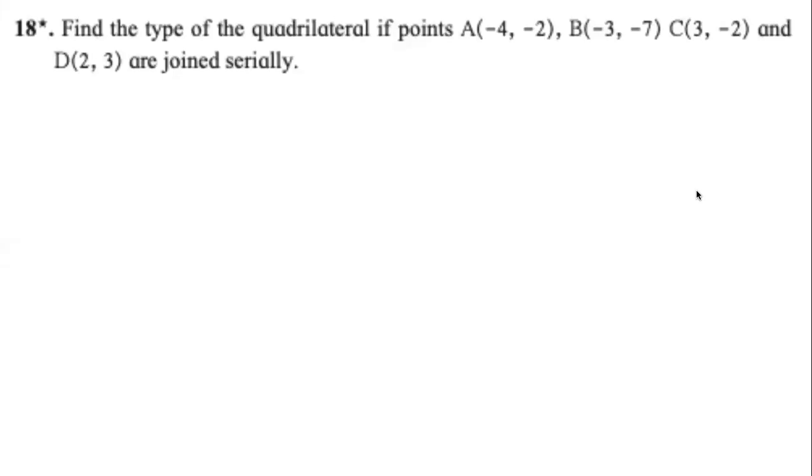They are joined serially. This is very important. That means the quadrilateral that we want to check is A joined with B, B joined with C, C joined with D. This is the quadrilateral that we are checking.